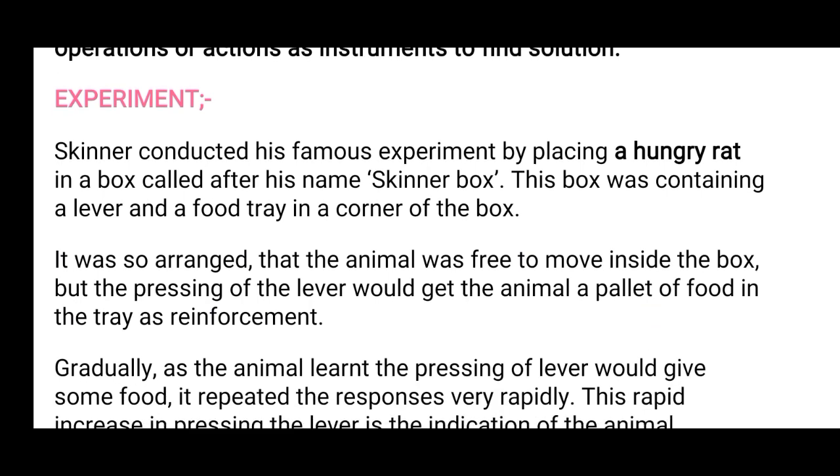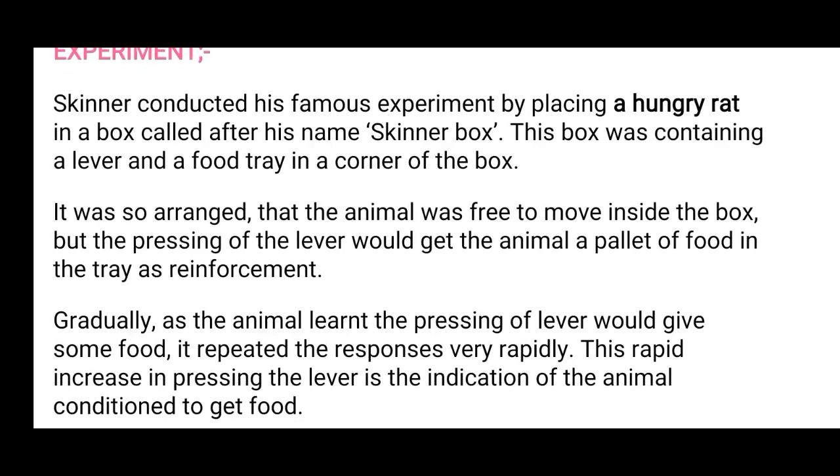The animal was free to move inside the box, but by pressing the lever it could get a pellet of food in the tray as a reinforcement. Means if the animal wanted the food, it must push the lever in order to get it.